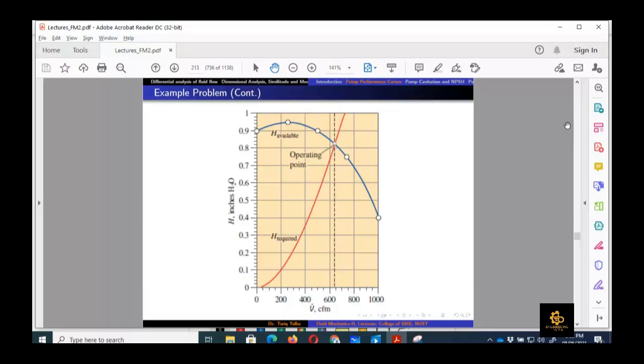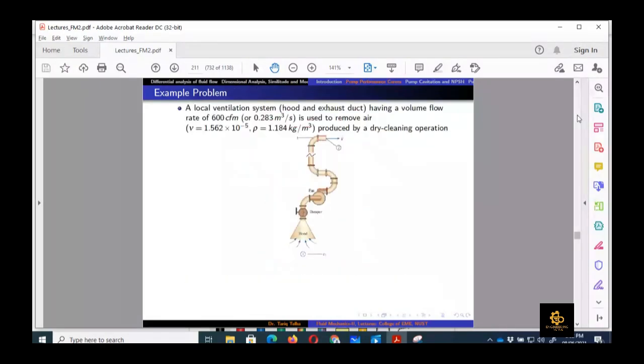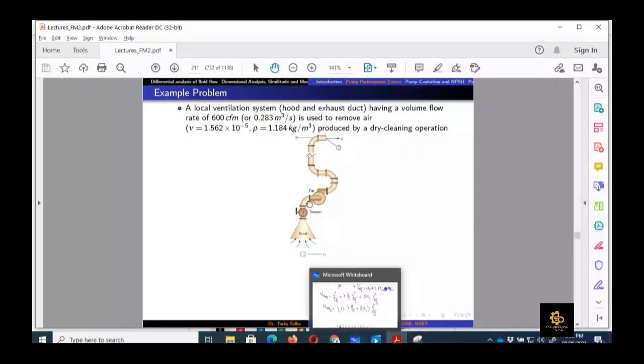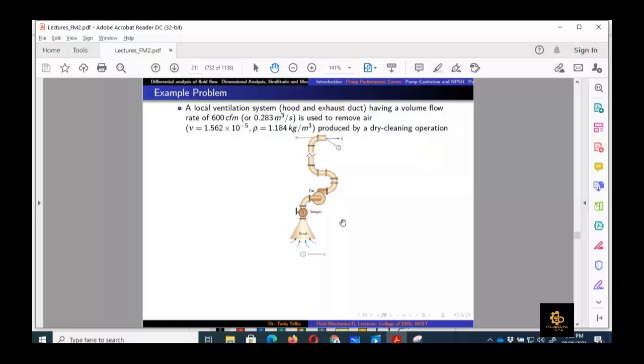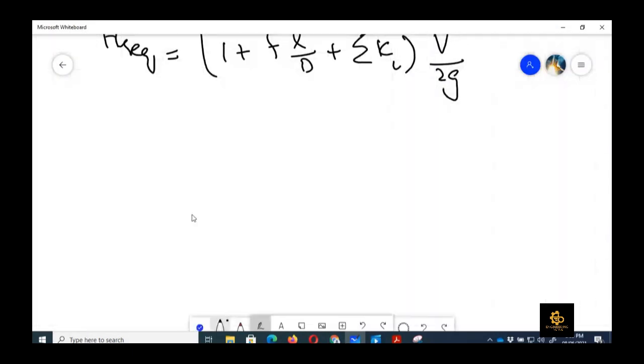That volume flow rate is 0.283 cubic meters per second, right? So when volume flow rate is 0.283, we can calculate the Reynolds number. How can we calculate the Reynolds number for that?